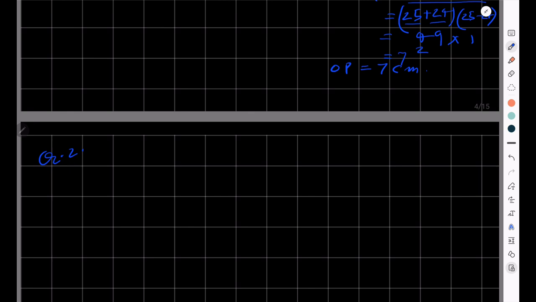Again, it is referring to figure 10.11, which we will first make here. So this is a circle, and then there are two tangents, TP and TQ.